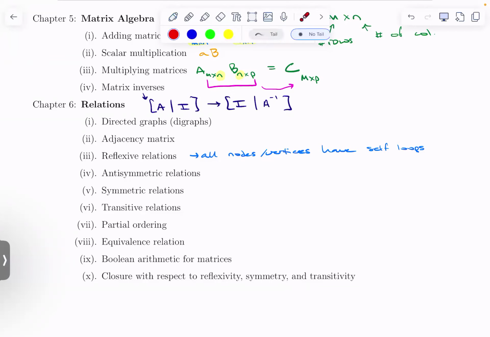Symmetric relations: if you have a trip from A to B possible, then you need to have a trip B to A. And so we need to have return trips. You can talk about it in terms of flights.